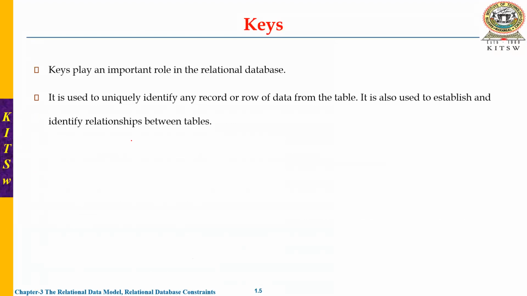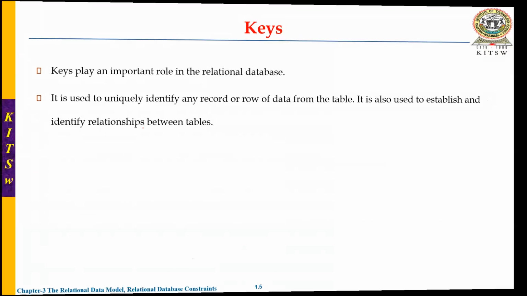So key plays an important role in the relational database management system. It is used to uniquely identify any record or row from the table. It is also used to establish and identify the relationships between tables.